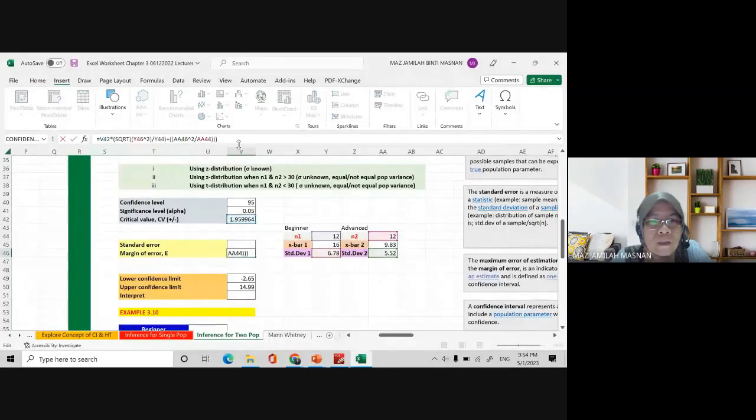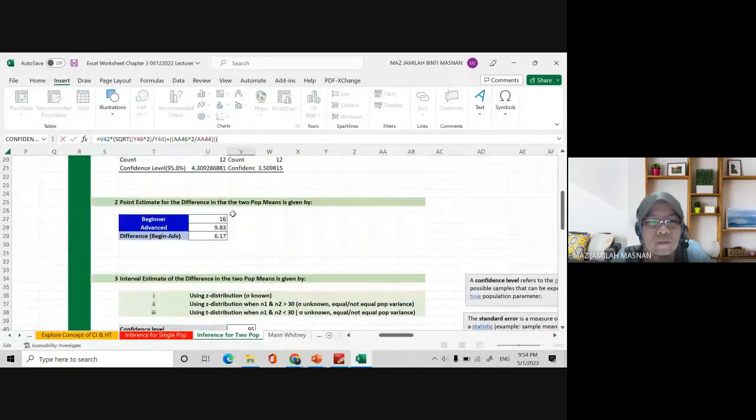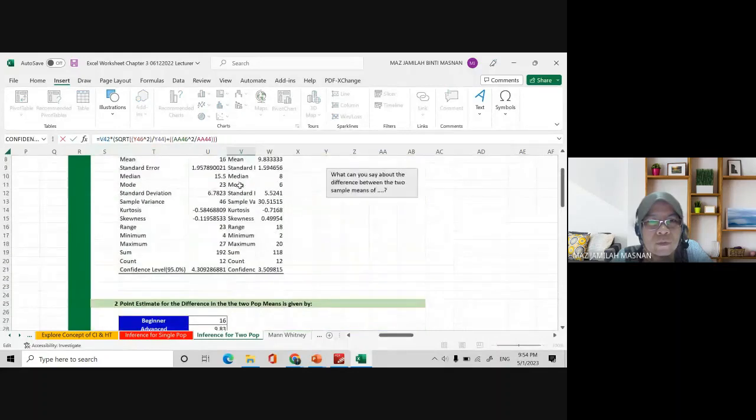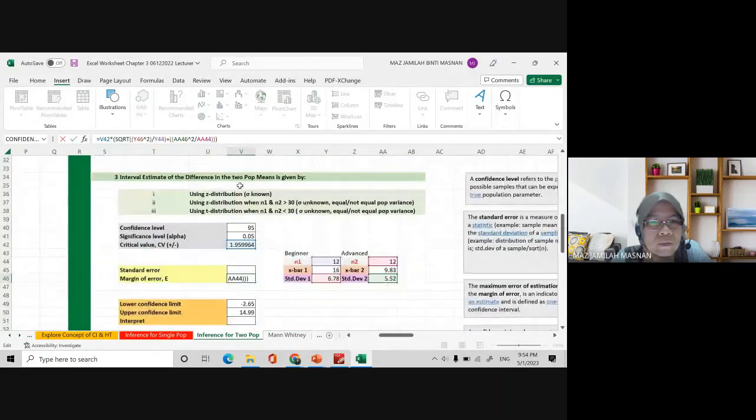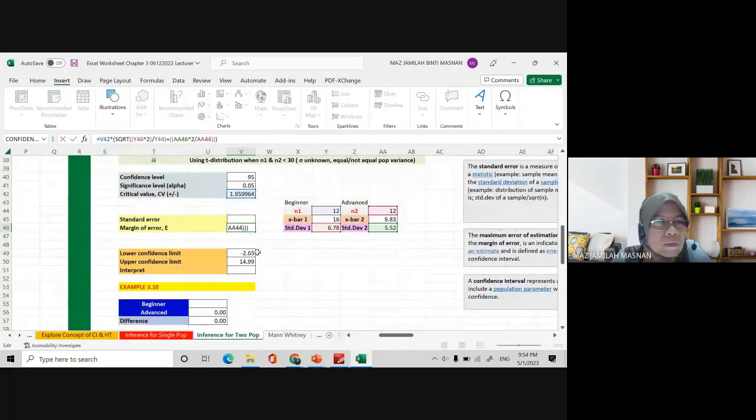V42. Where is V42? Okay, so this one, I almost forgot. V42 is your Z alpha over 2.